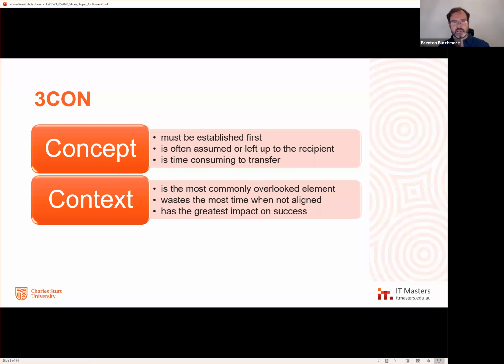An even more likely issue arises with context. This is one of the most commonly overlooked elements of the communications framework.